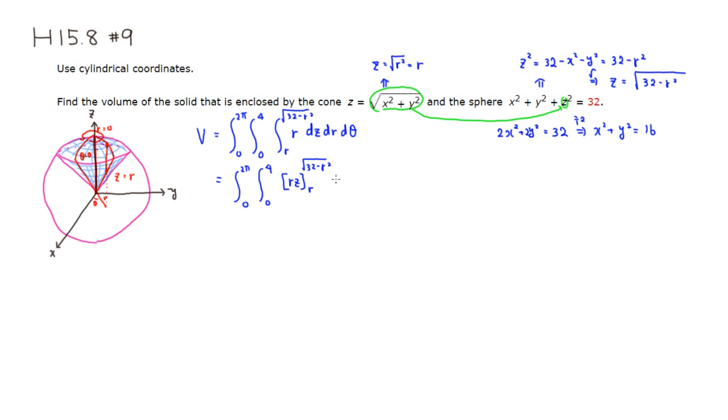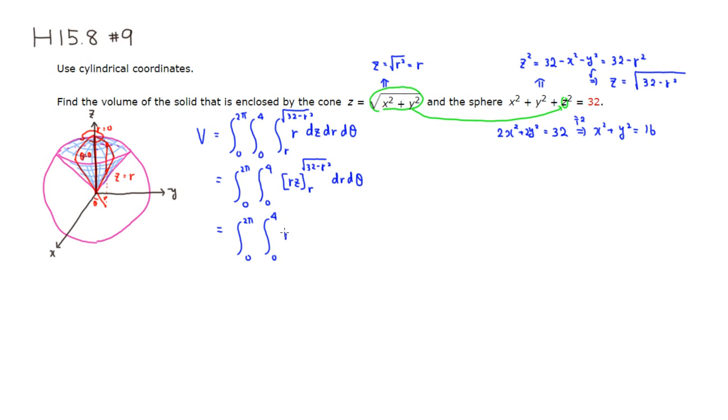Then you still have dr and d theta. If you evaluate that, you're going to get the integral from 0 to 2 pi, integral from 0 to 4, plug in the square root of 32 minus r squared.